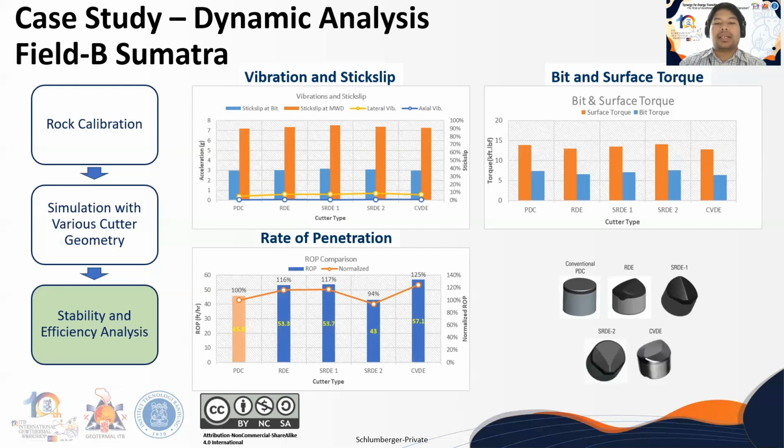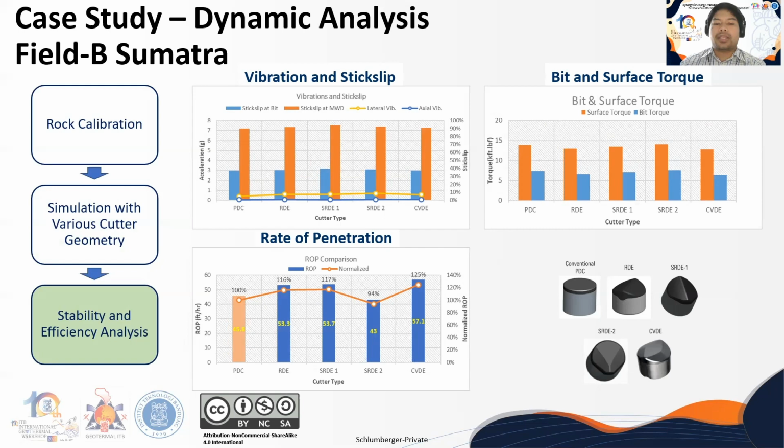And we can see that in terms of stability, there are not many differences between each cutter. The surface torque and bit torque also show a similar trend, where RDE, SRDE1, and CVDE generate slightly lower torque than the conventional PDC cutter and SRDE2.